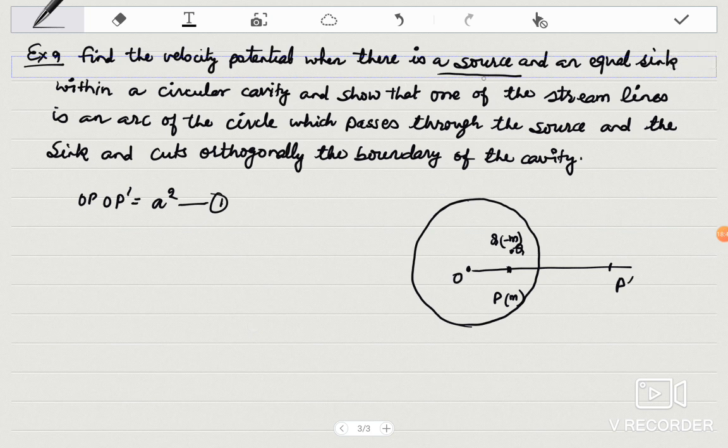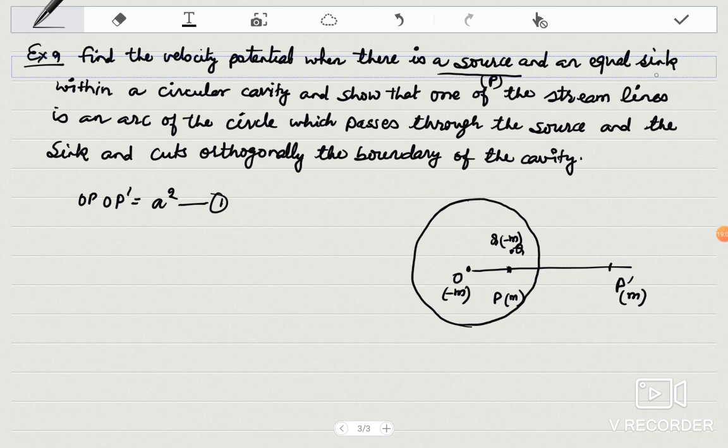Take this source at P, and an equal sink. This source will have another source of the same strength at P dash and a sink at O by the theory of image system.